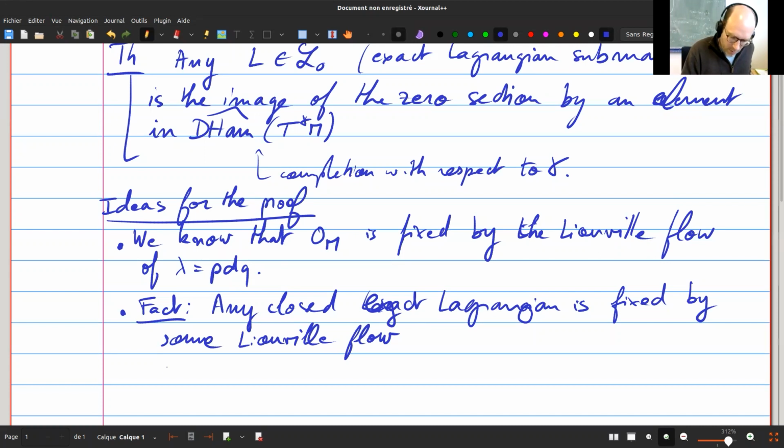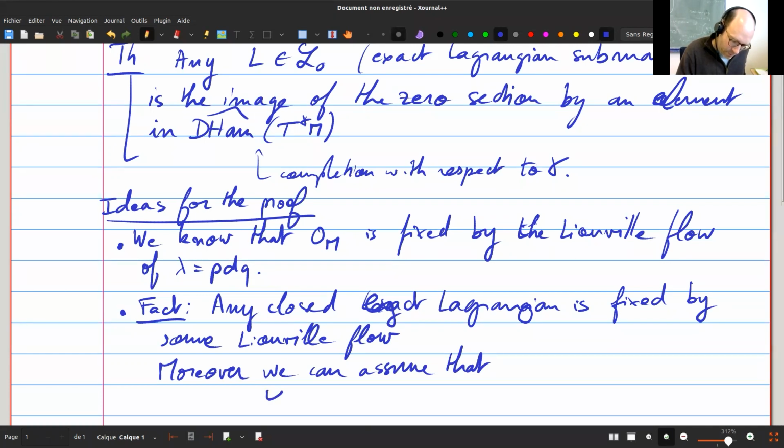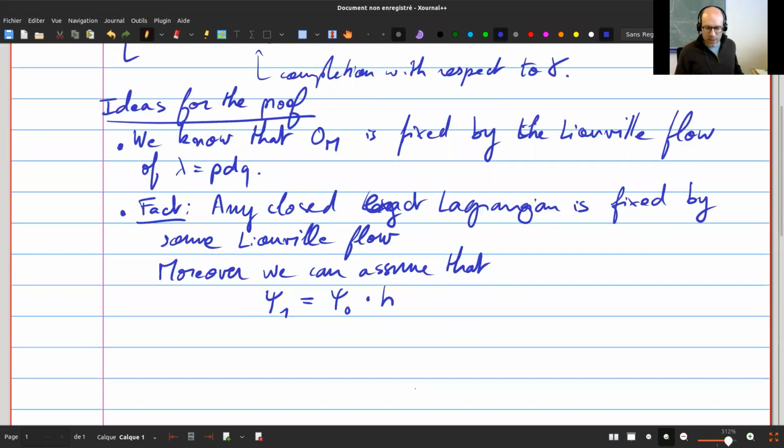Moreover, we can assume that this new Liouville flow will differ from the previous Liouville flow just by a Hamiltonian map. If I denote by psi1 the time one map of this new Liouville flow, this can be written as psi0 composed with h.